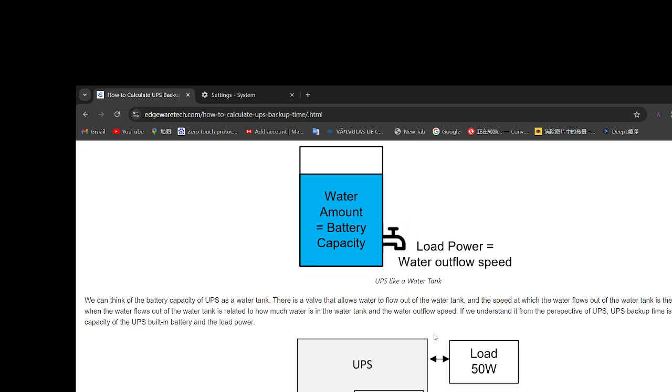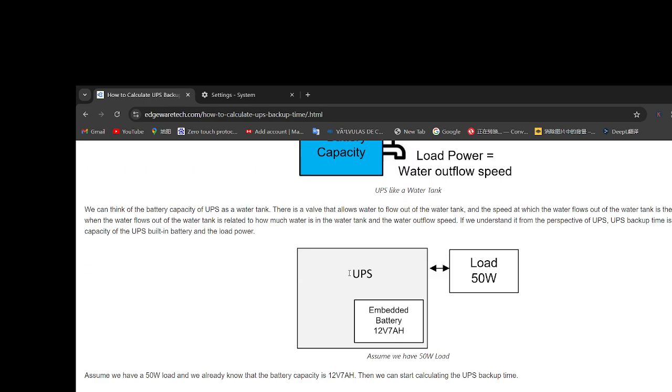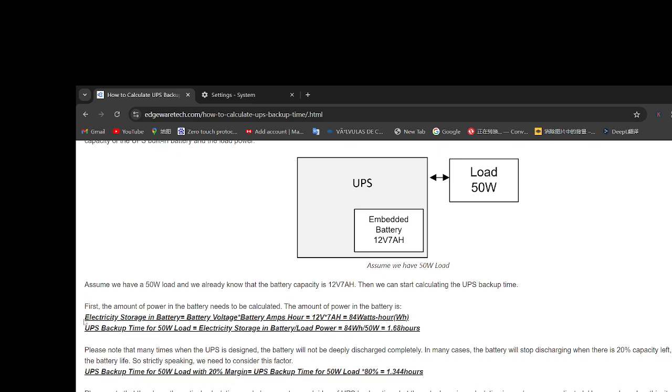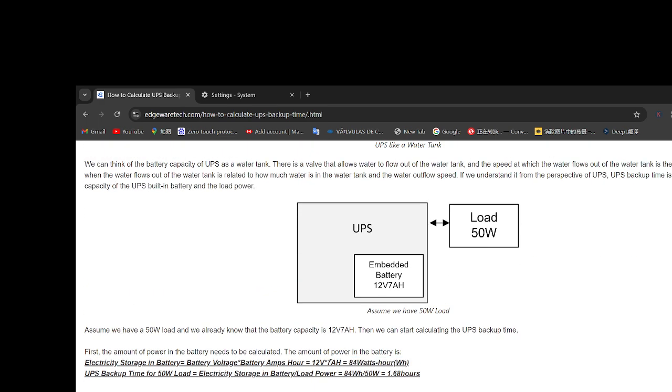Now, first, how do we calculate the water level, or how much water you have inside the tank? The electricity stored in the battery is the battery voltage multiplied by the battery amp-hours, which equals the final number. This number is the capacity of the battery. You cannot use the amp-hours independently to decide the capacity, because it really depends on the voltage to decide the total capacity.